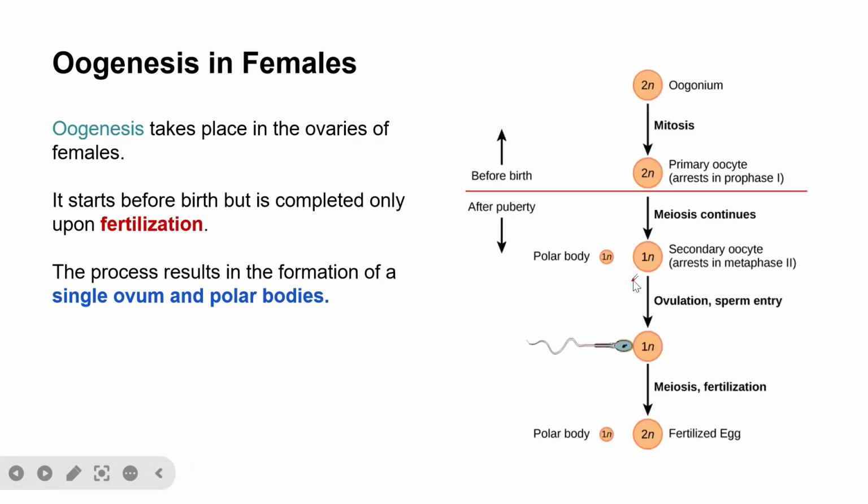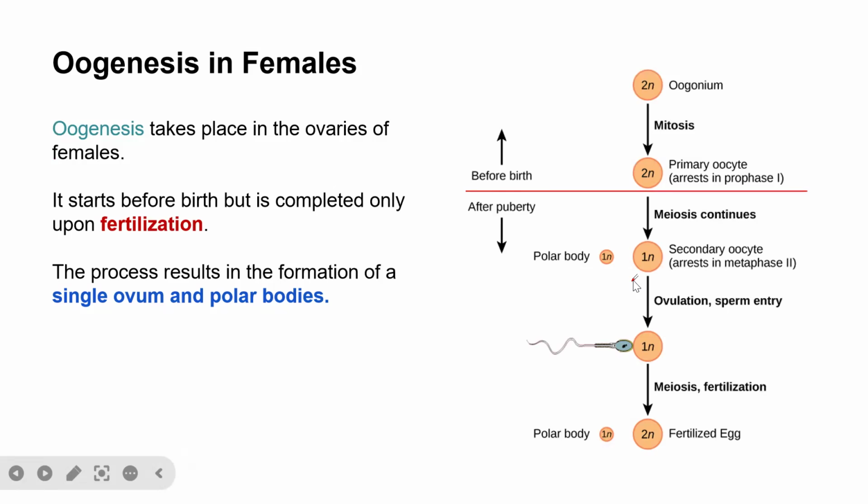Look at it. It started from the oogonium, where we have 2n, then after mitosis, we have 2n. That is where we have E. So from the oogonium, after mitosis, we have 2n, and that is where we have a primary oocyte. It is arrested in prophase 1.